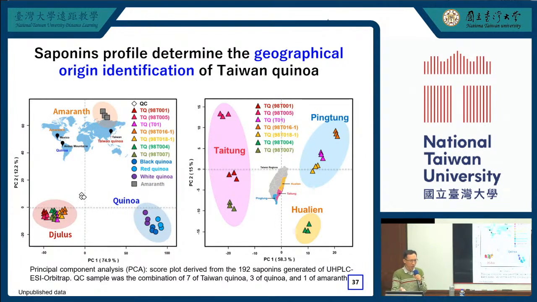Is that important? I'm not sure. Nowadays, customers want to buy a specific origin food, right? So it's important. But I'm not sure it's important. Is it important? No? Just for size.